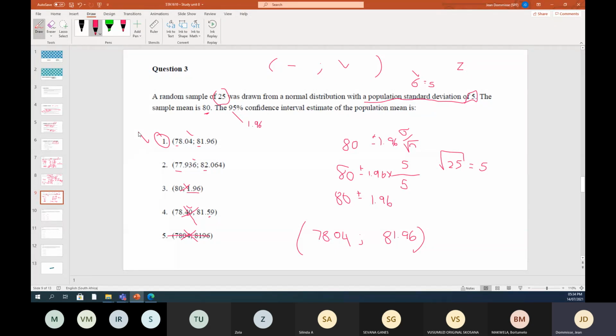Again, what I wanted to show is how we work through the process to identify if it is an unknown or known population, so that we know if we need to use a Z or if we need to use the T. If we need to use the T, we need to use the T table to get to the answer.